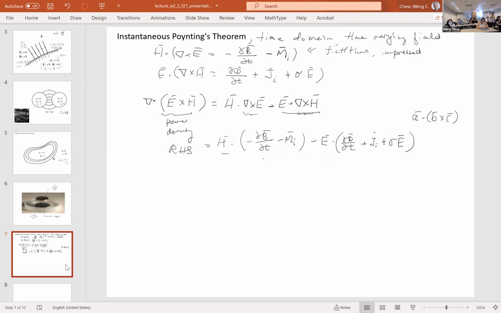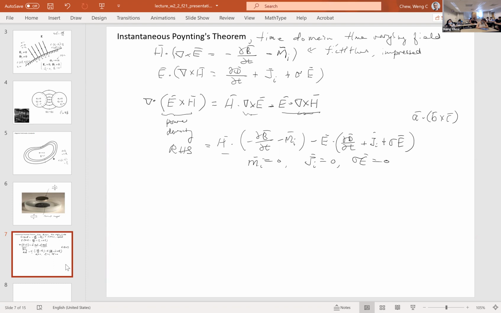Okay, so if you look at the right-hand side, and if you were to simplify things so that you can think clearly, you can set all these currents to be 0. You can set them to be 0 to begin with. And then things become simpler and we can think with a clear mind.